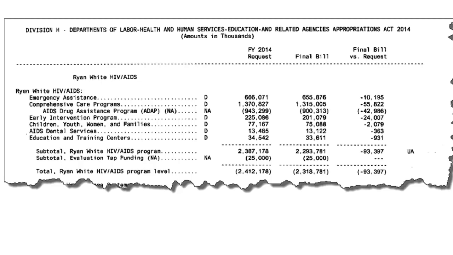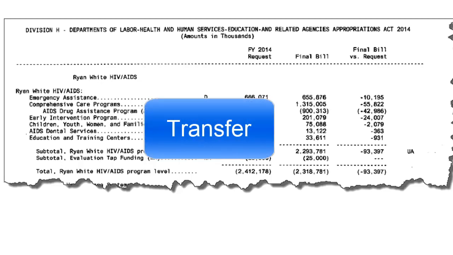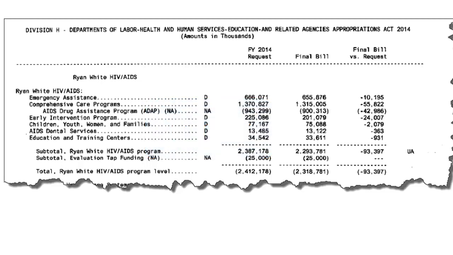There is another permissible way to repurpose appropriations, and it also requires statutory authority: transfer. While a reprogramming involves shifting funds within an account, a transfer involves shifting funds from one account to another.